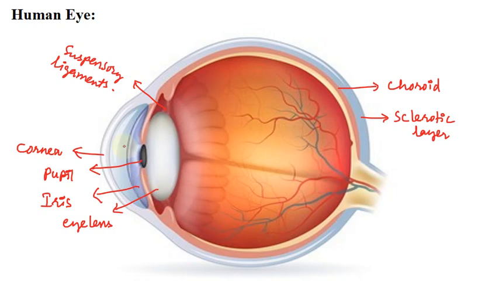The front chamber is called the anterior chamber, which is between the cornea and the eye lens, and it is filled with a fluid called aqueous humor. So this fluid is called aqueous humor.